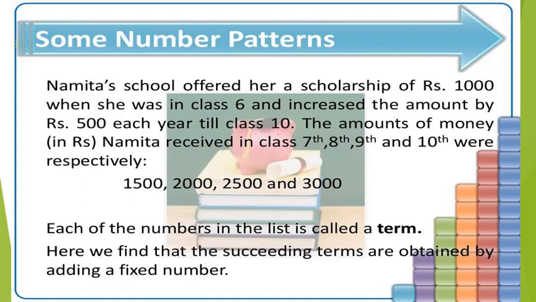Each of the numbers in the list is called a term. Here we find that the succeeding terms are obtained by adding a fixed number. In our example, that fixed number is 500 because when she was in 6th class, she received rupees 1000 but in 7th class, she received 1500. So it's an addition of rupees 500.